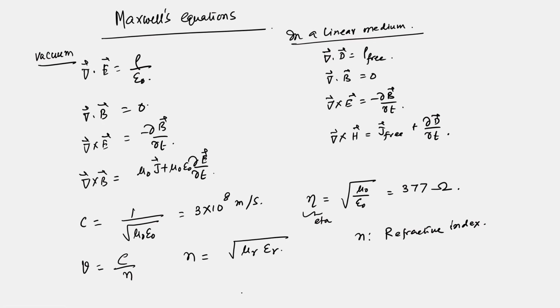And as I said, the refractive index can be negative if mu r becomes negative, or epsilon r becomes negative, or both become negative. In fact, these have certain names. So, we can quickly write down: 1, epsilon less than 0 and mu greater than 0, these are seen in plasma, in which case the refractive index is negative. 2, epsilon greater than 0, mu less than 0.